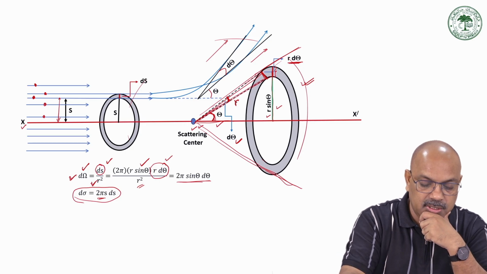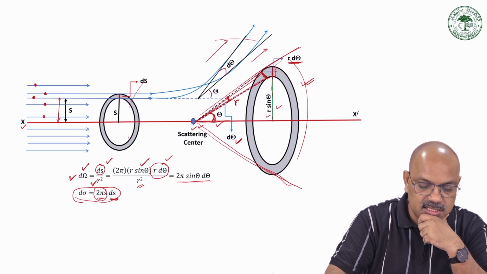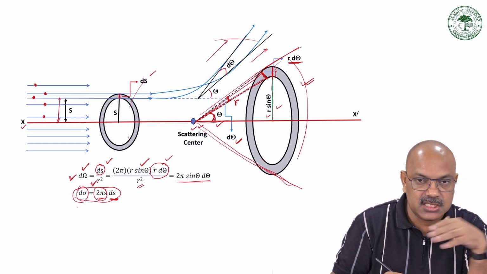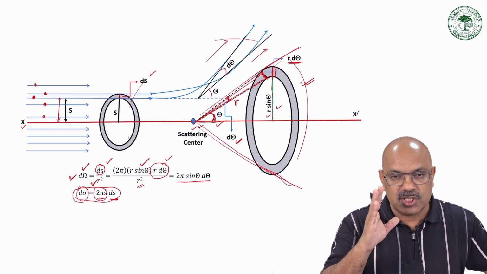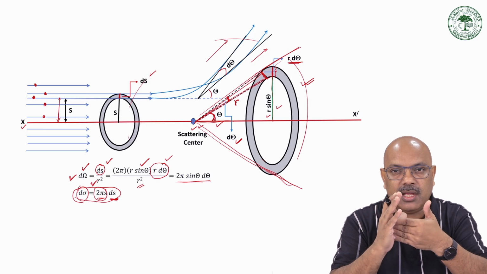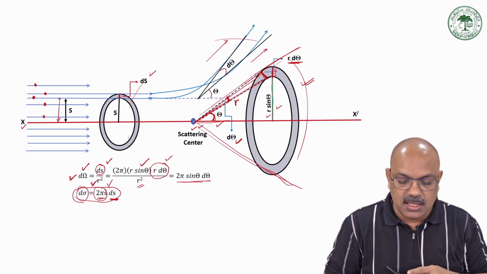Twice pi s is the circumference, and ds is going to be this distance here. So d sigma is the effective area where the particle is going while it is moving, at the perpendicular distance, so that is twice pi s ds.